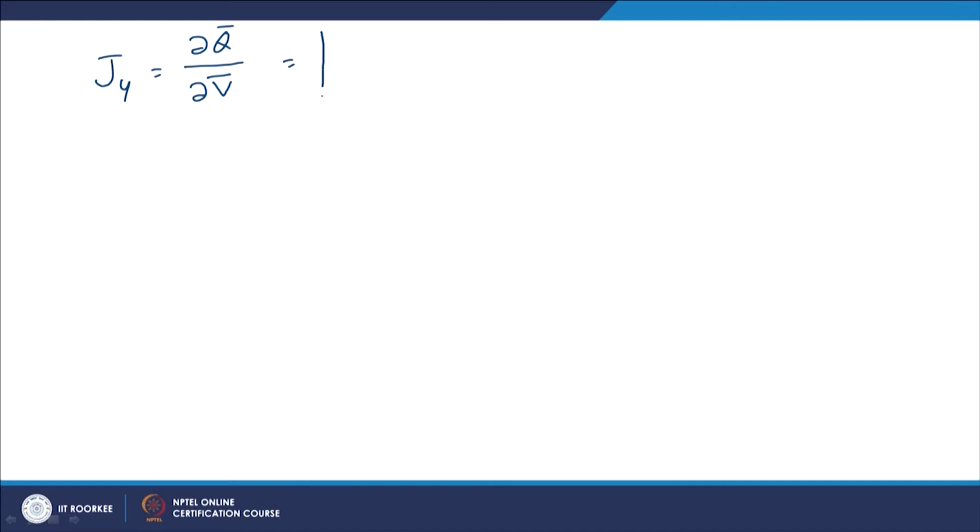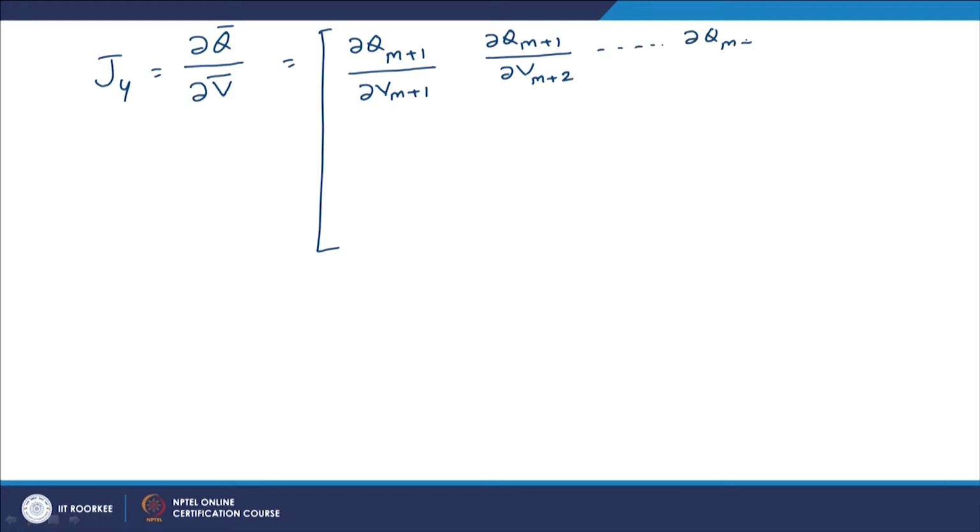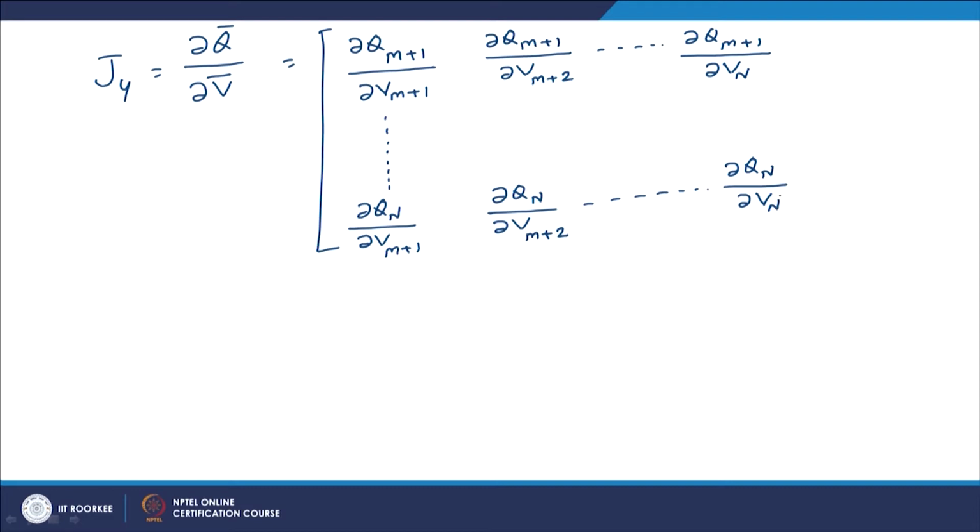So, if I do del q m plus 1 by del v m plus 1, del q m plus 1 by del v m plus 2, dot dot dot, del v n, and it would go up to the last one, del q n by del v m plus 1, then del q n by del v m plus 2, dot dot dot, del q n by del v n.